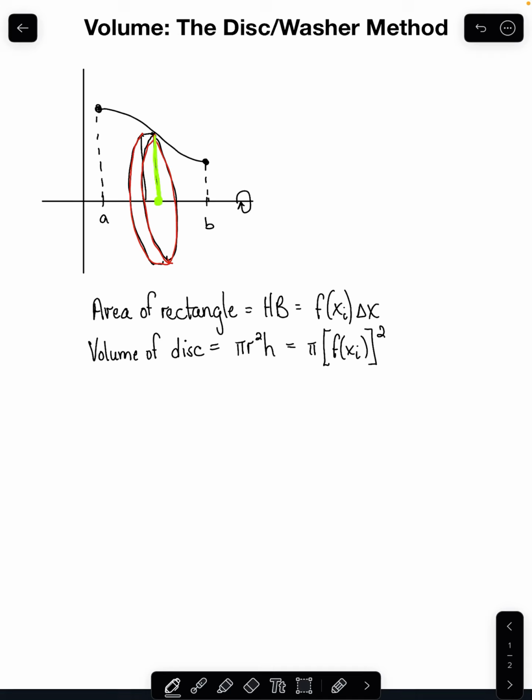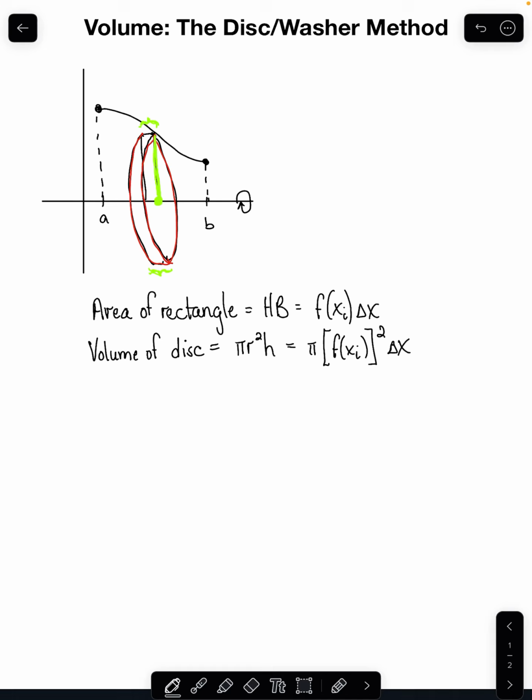The height, then, of the disk, or rather, since it's flipped on its side, we would call it the thickness of the disk. The thickness of the disk is this dimension here. And that is the same as the width of the rectangle, the base of the rectangle, which means we still have delta x here.